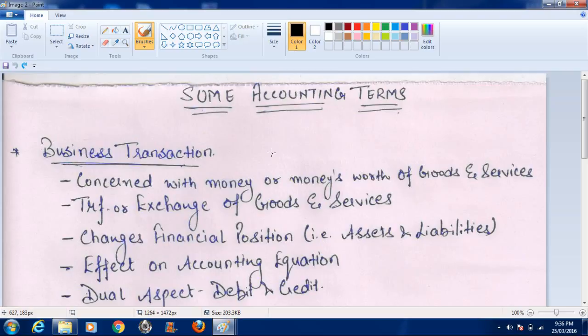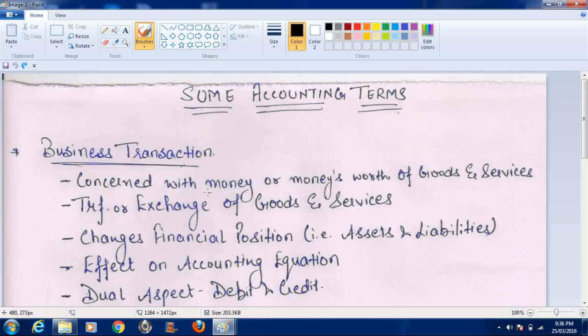First, we have a business transaction. One thing I have already told is that only the financial transactions are to be recorded. Similar concept, same thing is a business transaction. Now, what is a business transaction? The first and foremost thing is that it is concerned with the money or money's worth of goods and services.